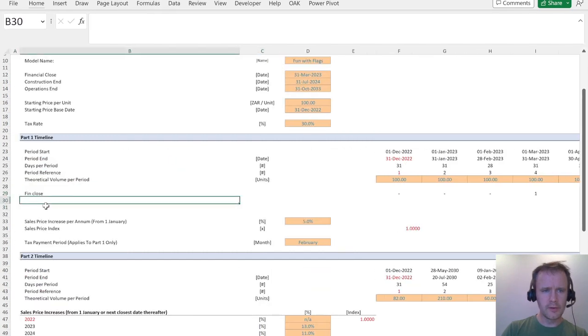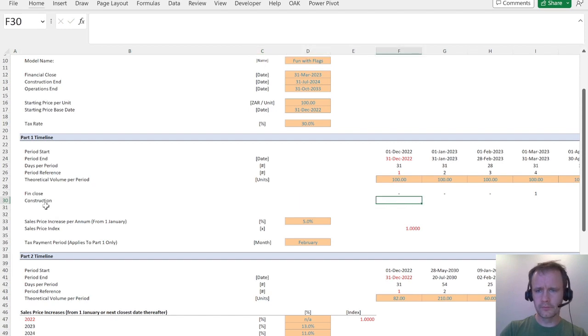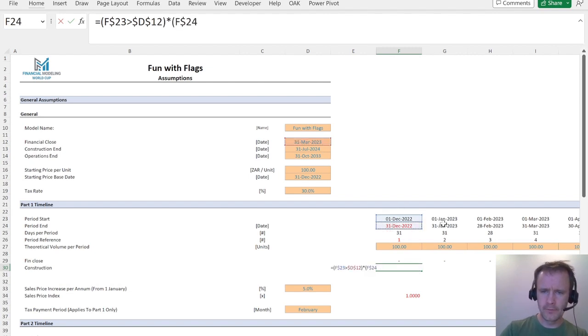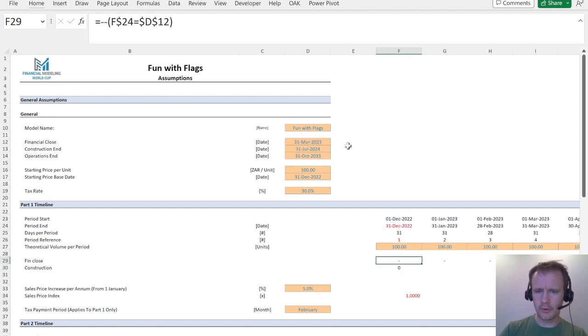Okay. Fin close construction equals this greater than this times this less than or equal to construction end plus 0.001 just to allow for a little rounding fun.